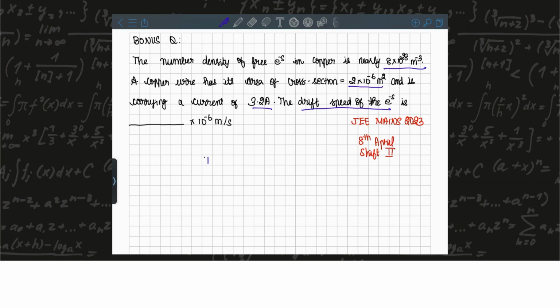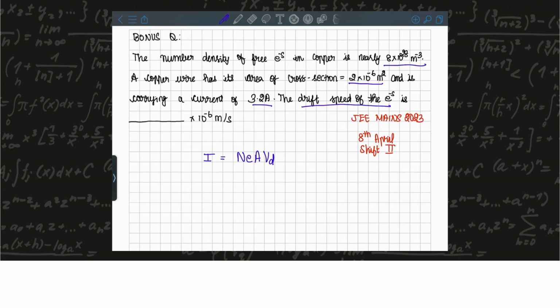Okay, so this question is simple. If you just know this formula, I is equal to NEAVd, where N is the number density of charge carriers. So this typically is the number of free electrons per unit volume in the material.